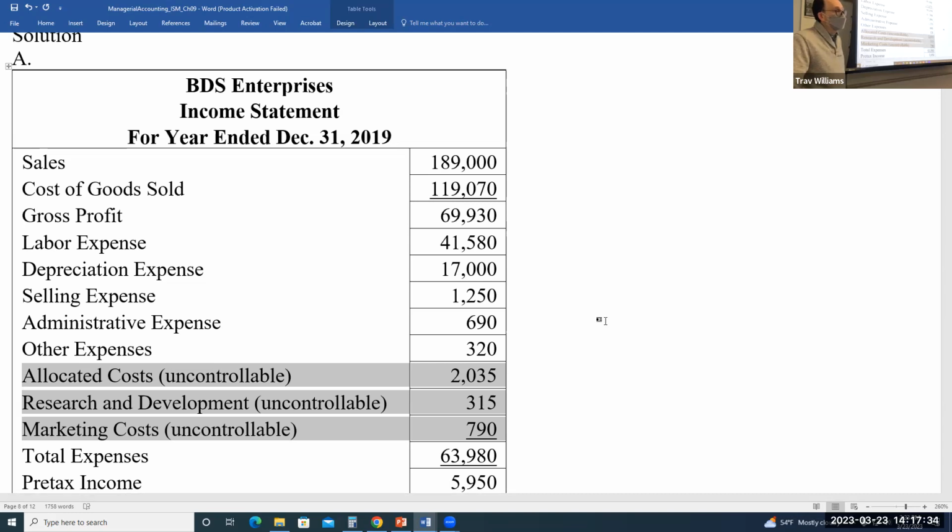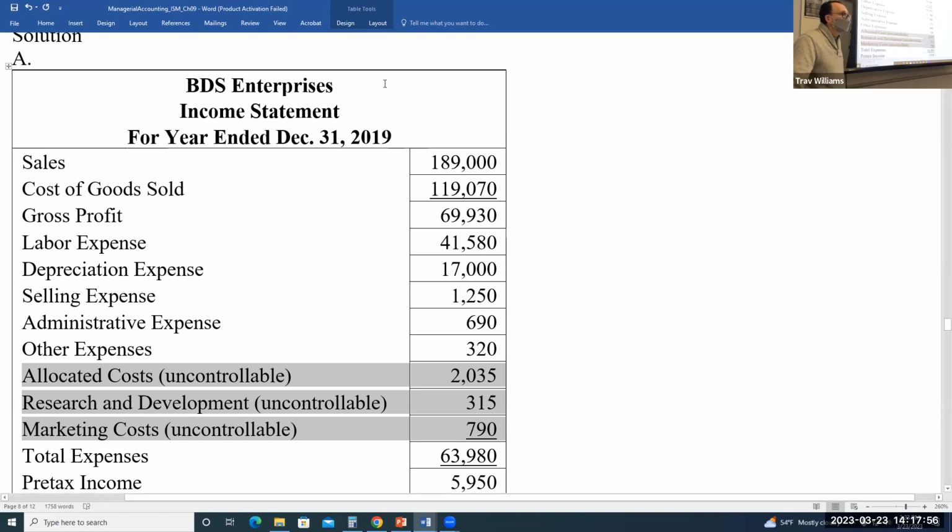And you could argue that we shouldn't, but if we are going to include it, the argument would be that even though they're not controlled by BDS Enterprises, the organization receives some sort of benefit from these costs.